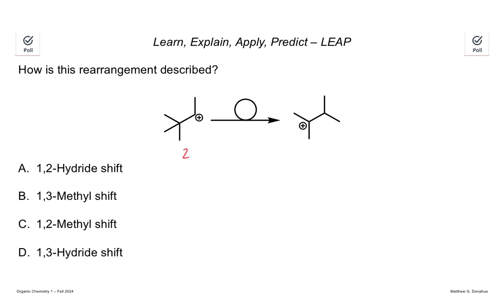So from secondary to tertiary, since it's moving next door, it's a 1-2. And because it's methyl, it's a 1-2 methyl shift.